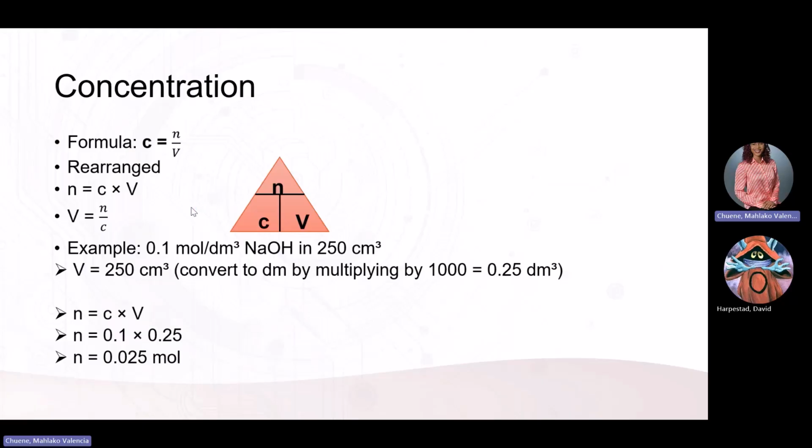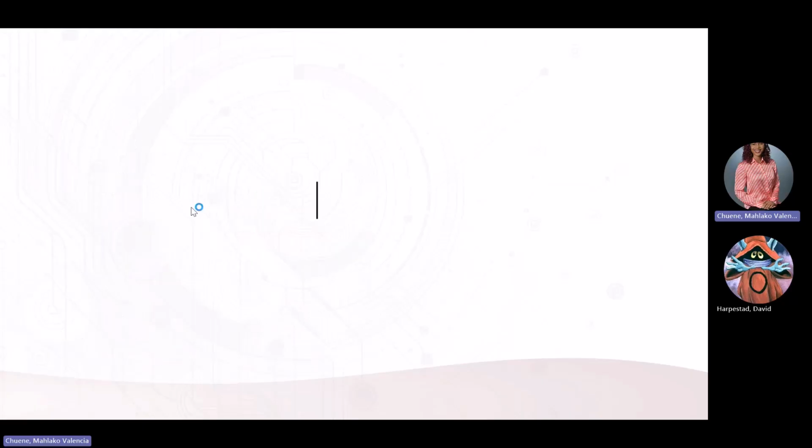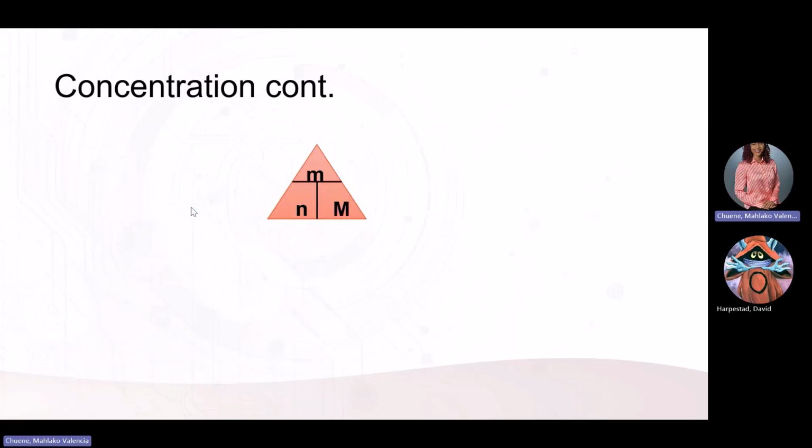Now we are looking for the mass. What we know about number of moles, we have another type of triangle that we can use when rearranging our formula. We have our number of moles, and then we have our mass over our molar mass.